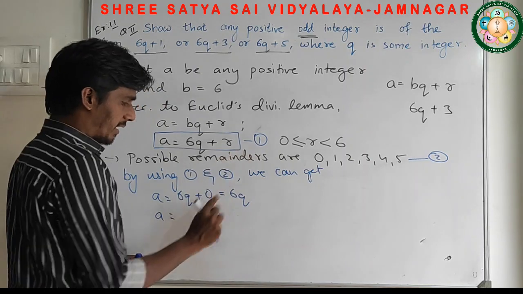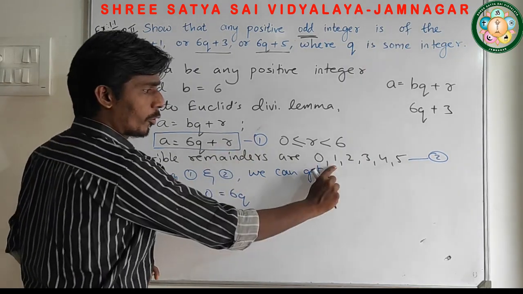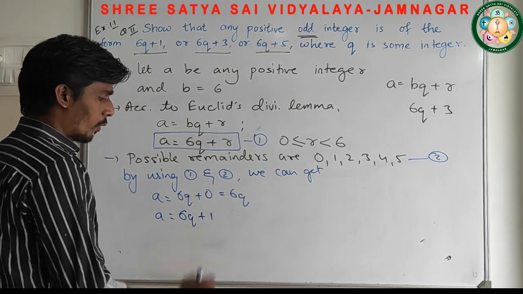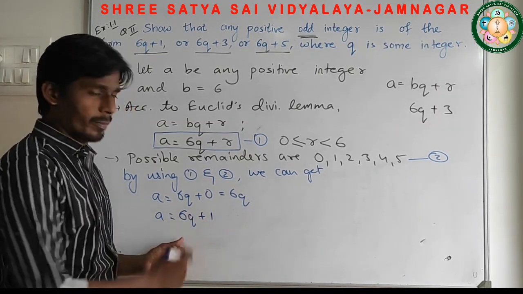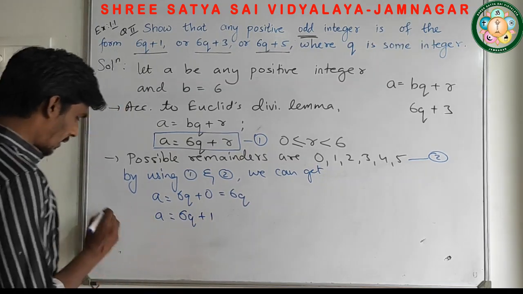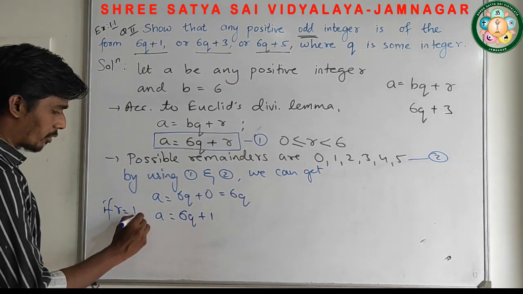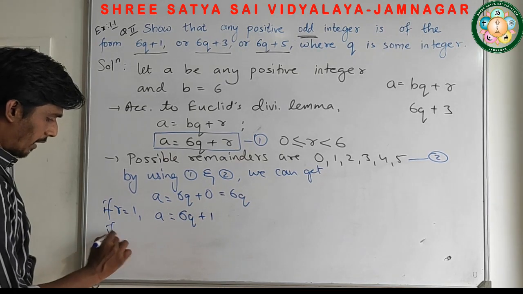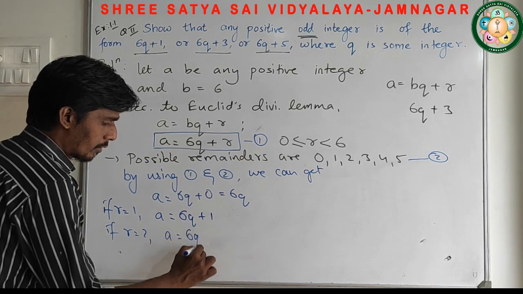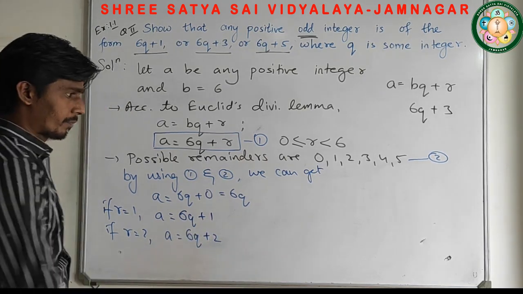First, what did I put in place of R? 0. Now instead of R I am going to replace it by 1. 6Q plus 1. Now it is not possible to add it, so it's 6Q plus 1. Then here we can write, if R equals 1. Now if R equals 2, then A is equal to 6Q plus 2.